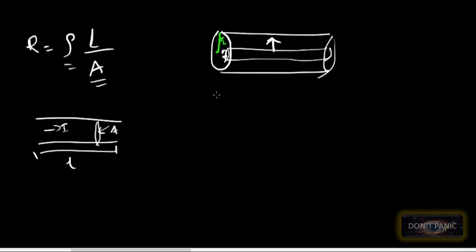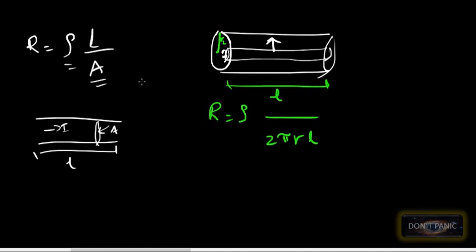So to find the resistance, it's not just rho L over A. What you have to do is you say that R is equal to rho. Rho is still a constant, and area is 2 pi R L. Okay, so L is here, but this is not this L, because this L is the direction that the current is flowing in. So L is actually the radial direction that the current is flowing in.